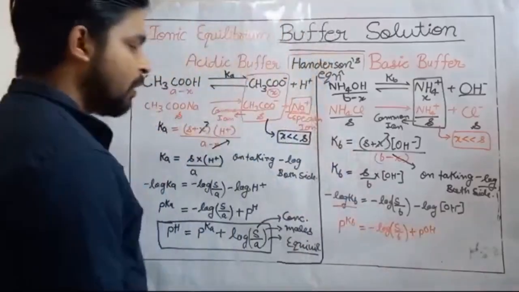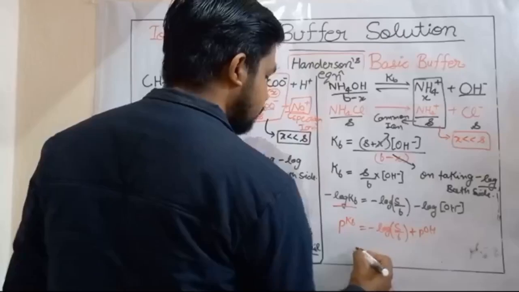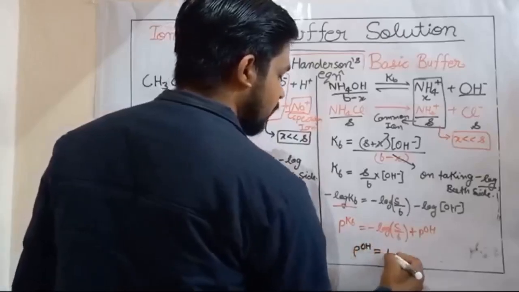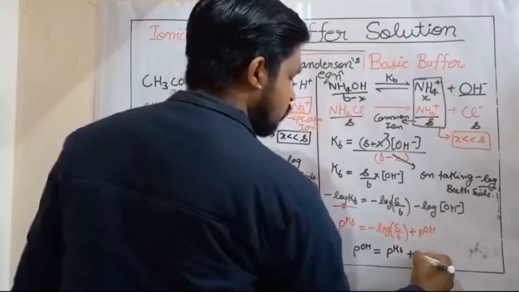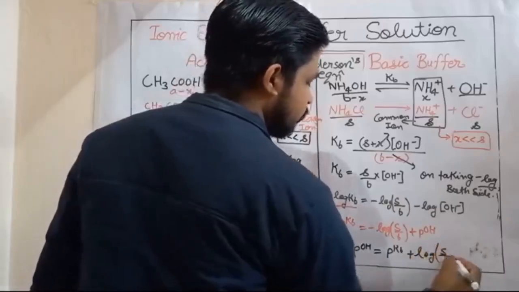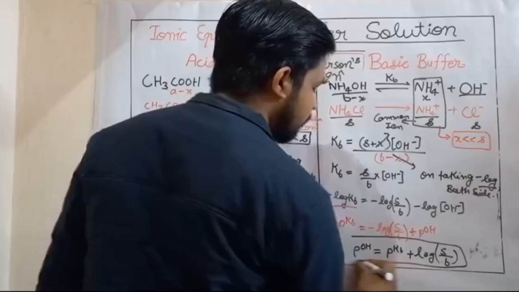So we can now rearrange: pOH is equal to pKb plus log salt by base concentration. Okay student, so it is the formula for the Henderson equation for basic buffer.